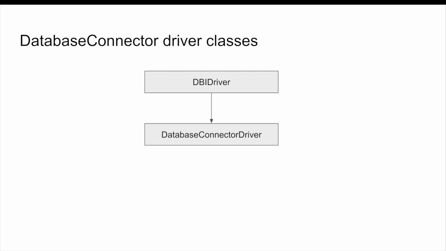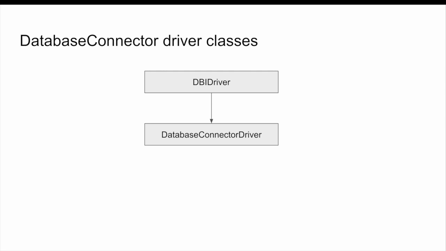The reason I'm talking so much about DBI is because I think this is really the root issue behind dplyr working correctly: we have one driver class for all databases. Normally when we talk about a database driver, or the abstraction of a database driver, we have one driver for each database. So a driver is specific to a single database.